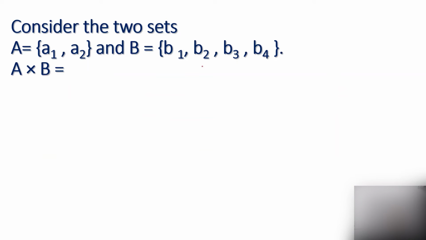Let's try to solve an example. If A is a set with elements A1 and A2 and B is a set with elements B1, B2, B3 and B4, we are supposed to describe A cross B. A cross B means A Cartesian product B. This is itself a set, therefore curly brackets. Now we have to write all combinations, all ordered pairs.